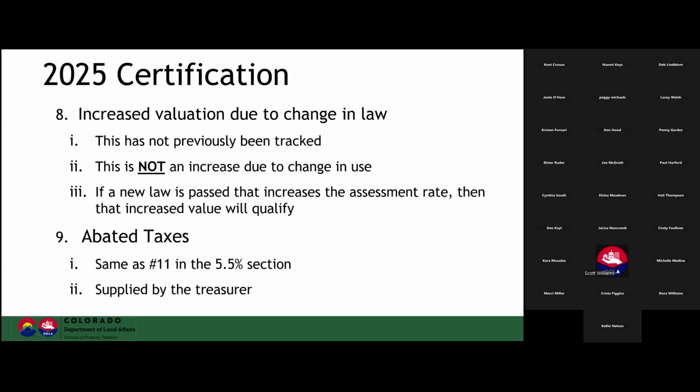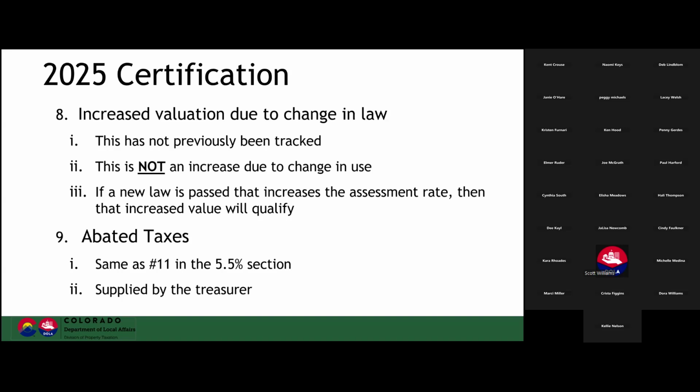Wendy, Andy Wyatt. Hi, Andy. Do you have an example of that, please? So let's say next legislative session, we have something that changes the assessment rate for, I don't know, commercial property to 30% assessment rate. We would track the increase in valuation due to that assessment rate change.